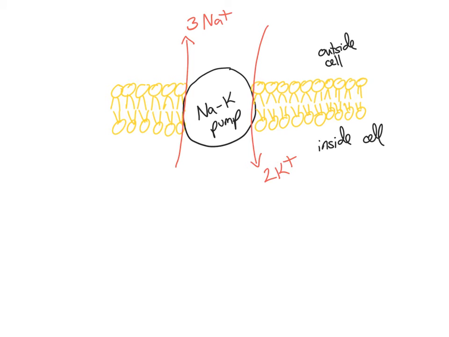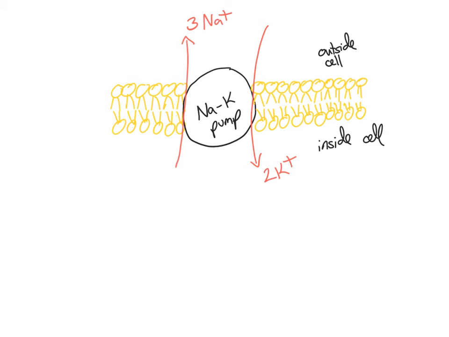Here's a useful tip to help you remember. 3 sodium ions out has 1, 2, 3 characters in it, and 2 potassium ions in has 1, 2 characters in it.